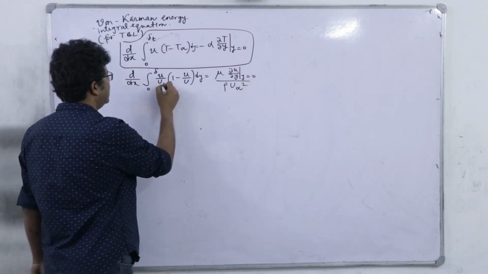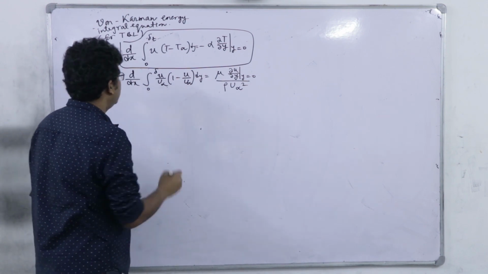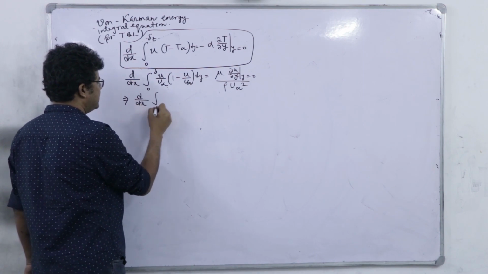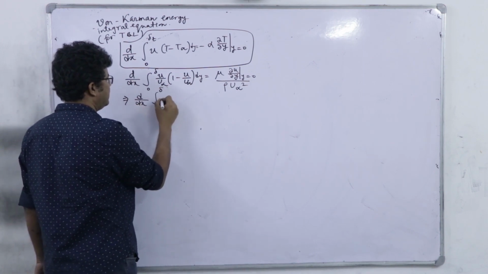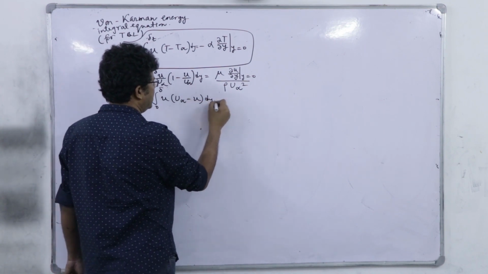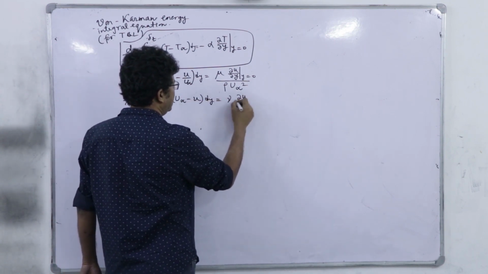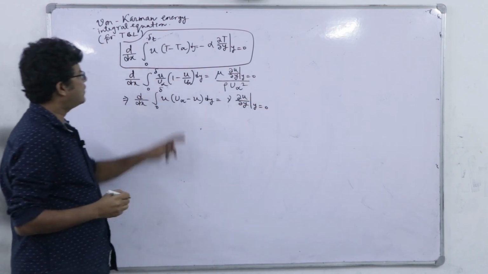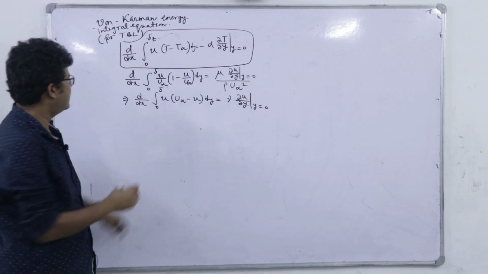So, here U infinity and here U infinity. Further, if I simplify the form, d/dx of the integral from 0 to delta of u into (U infinity minus u) dy equals nu into del u del y at y equal to 0. So, you see structurally these two forms are very similar.